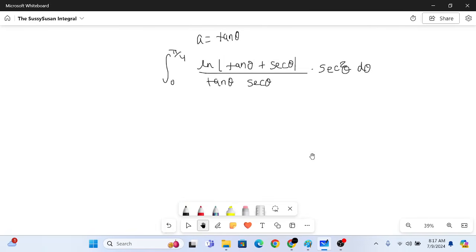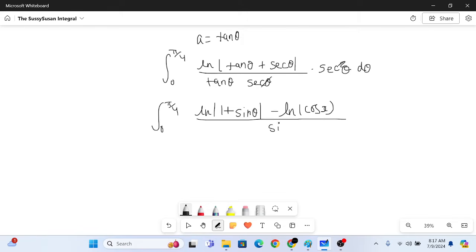Now one of the sec theta cancels out, and this is just sine by cos, and this is 1 by cos. Cos cancels out, so we just have sine remaining. And in the numerator we can break those into sine and cos. This is sine theta by cos theta plus 1 by cos theta, so ln of 1 plus sine theta minus ln of cos theta, divided by sine theta, d theta.